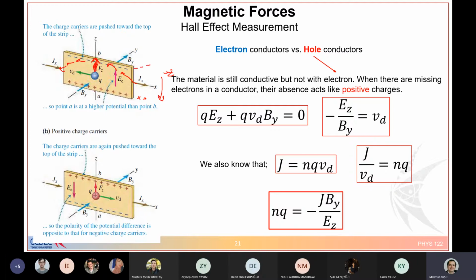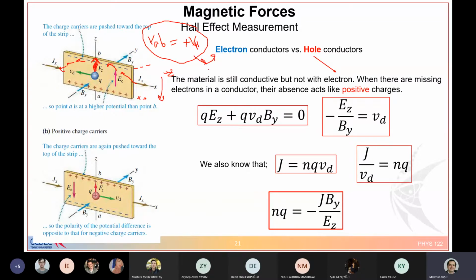So when you measure the voltage across point A and B, VAB, you get a positive Hall voltage. Okay, this is what you see with the electrons.